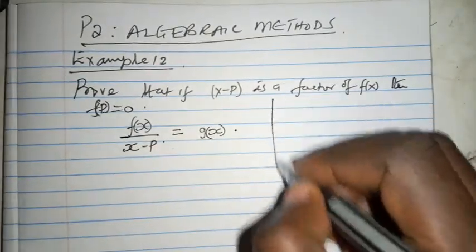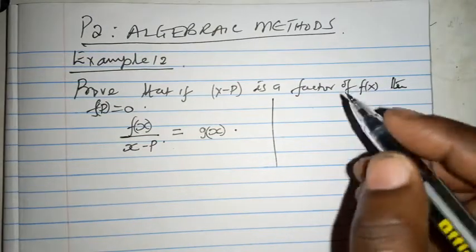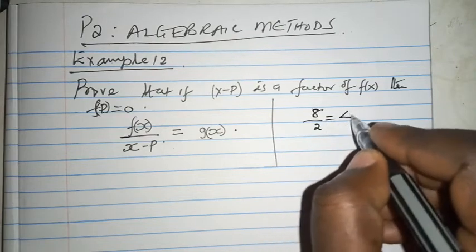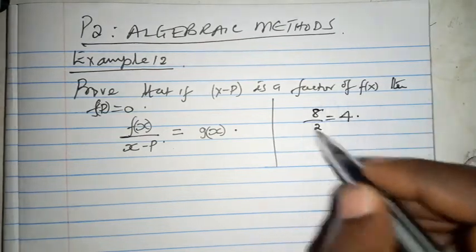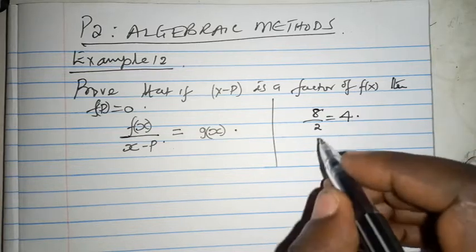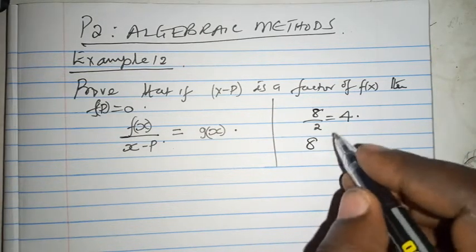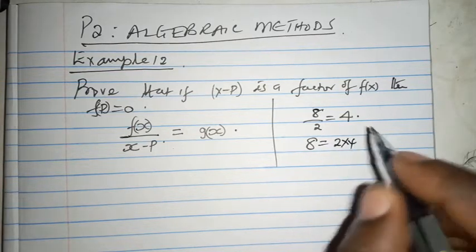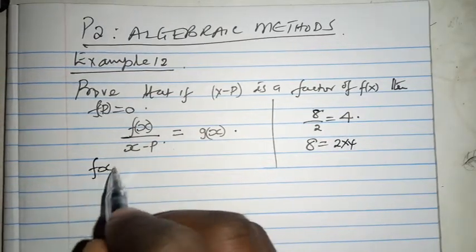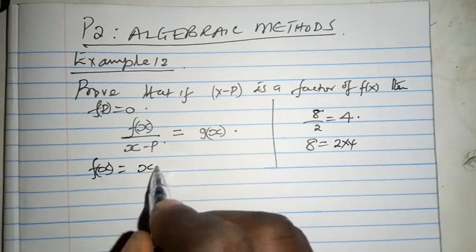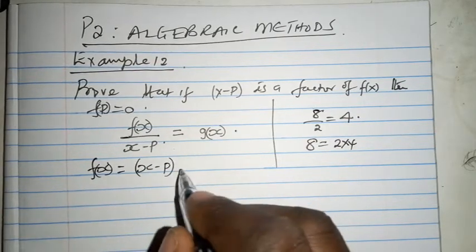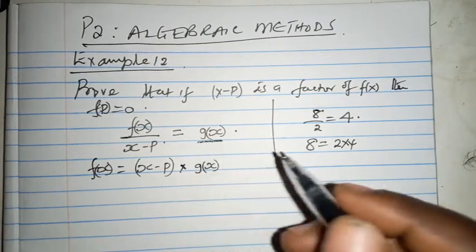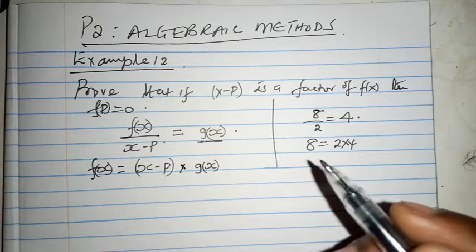That we know, just like the way we would divide 8 over 2 to get 4. In the same format, if we cross multiply, we find 8 is equal to 2 times 4. And in the same way, f(x) here is equal to the divisor x minus p multiplied by the quotient which we got after dividing.